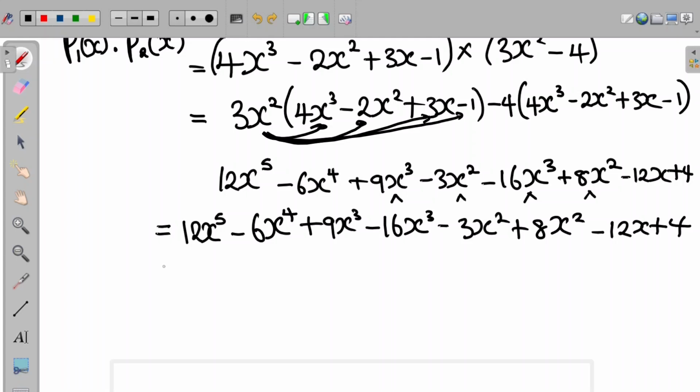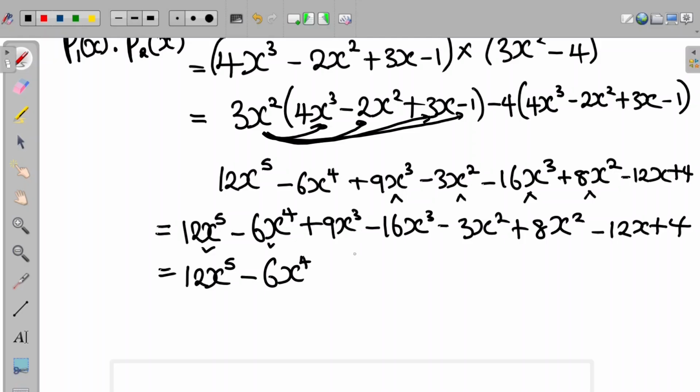Now, we don't have any value to add or subtract to 12x to the power of 5 and 6x to the power of 4, so we bring them down. So this will be 12x to the power of 5 minus 6x to the power of 4.